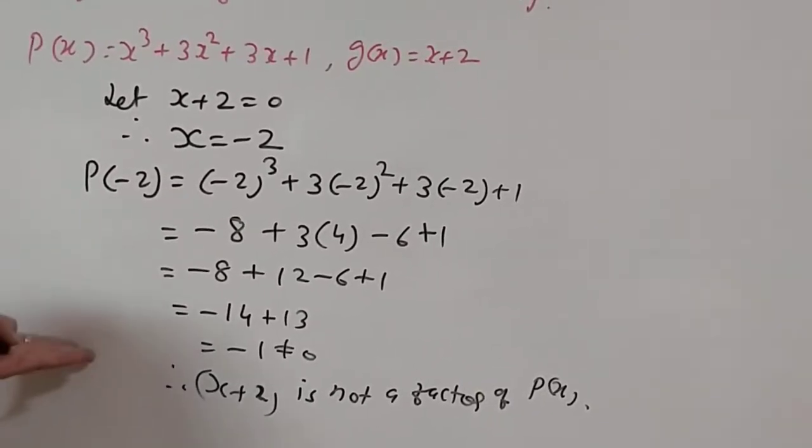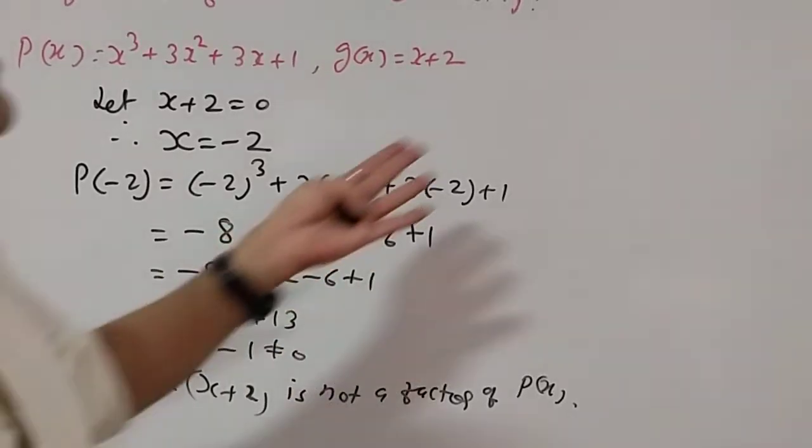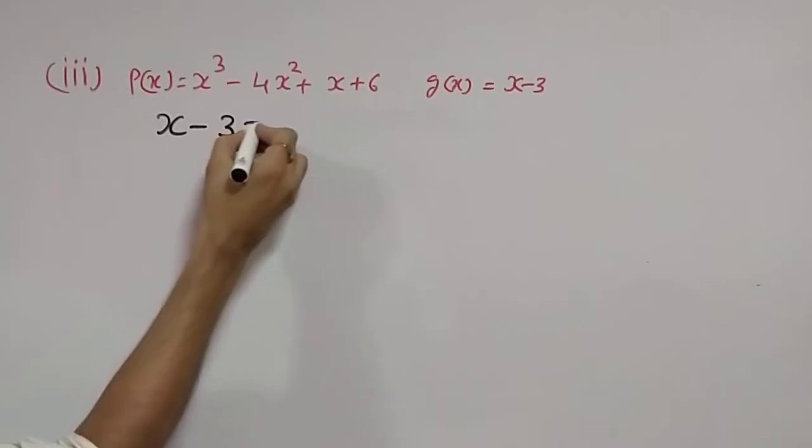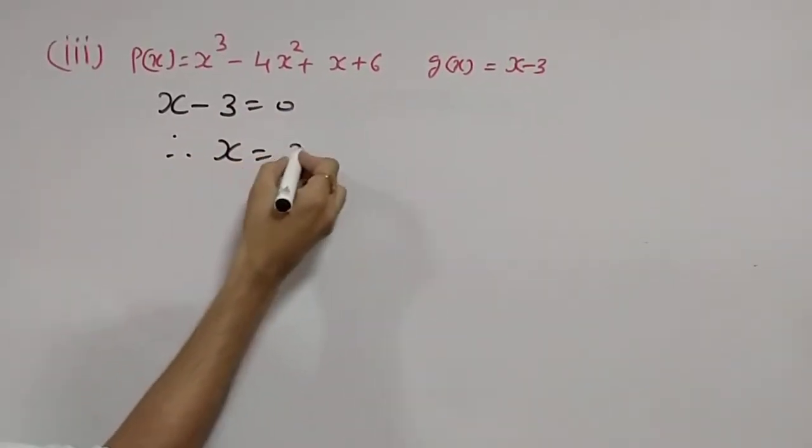All sums are very easy and the same method. Here see, this is also the same. X minus 3 is 0. Therefore x is equal to 3.